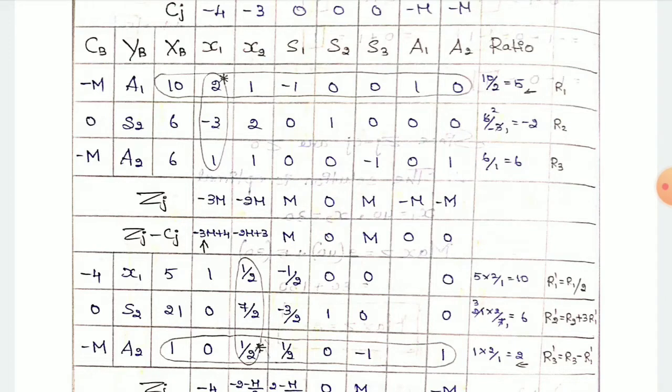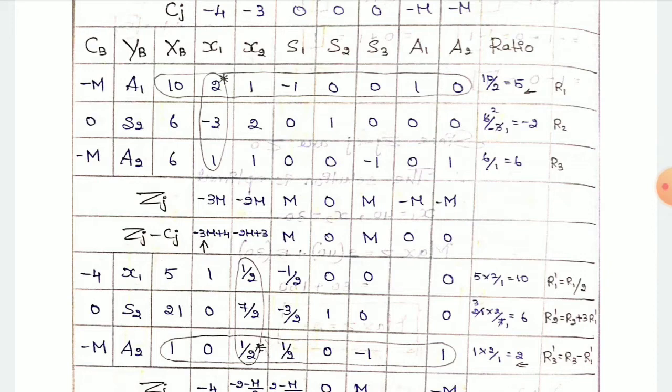So in the CB column we have to write the coefficients: minus m, 0, minus m. So Cj values are the coefficients of the objective function. For x1 the coefficient is minus 4, x2 coefficient is minus 3, s1, s2, s3 will be 0, a1, a2 we have minus m.